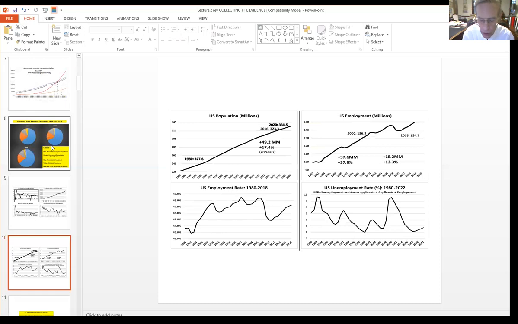If we look to the chart on the left at the bottom, we see the proportion of the total population that is employed. And so quite simply, we take the number of employed people and divide it by the total population. And here's the result. You can see that most recently, about 47% of the US population was employed.